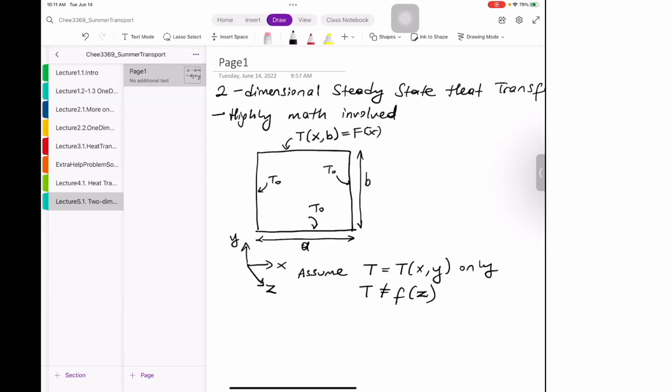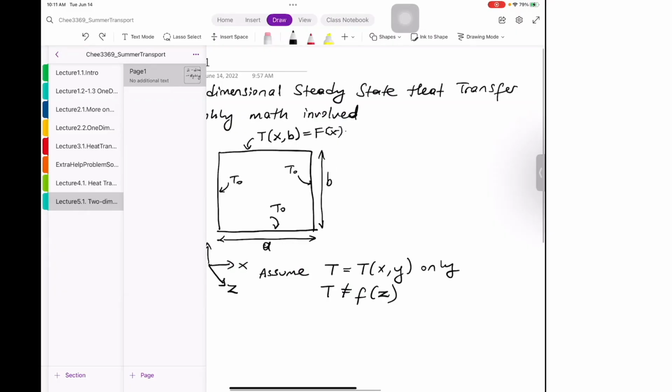Imagine that I know the temperature variation here. You might have a heating element here, you might be heating it, but you can keep it at a constant temperature, but the temperature might be changing along this direction. Let's say this is any given function.